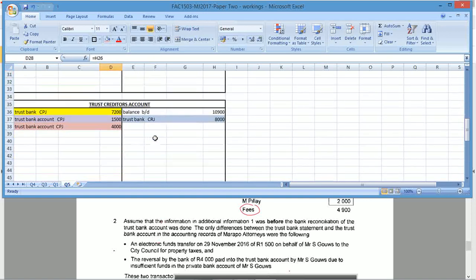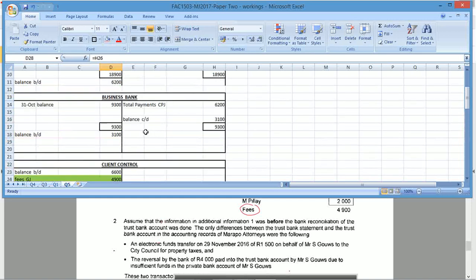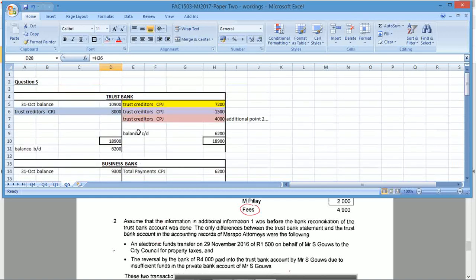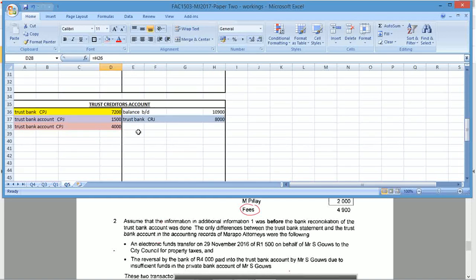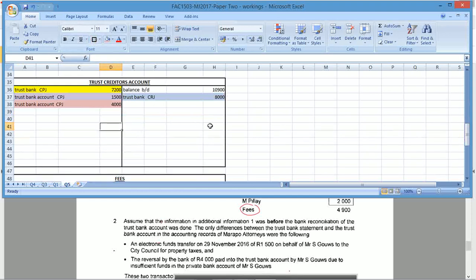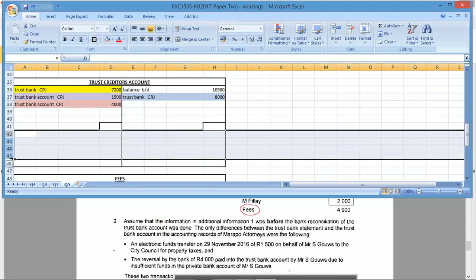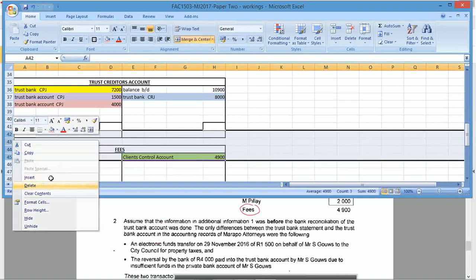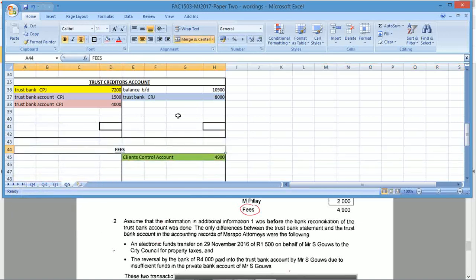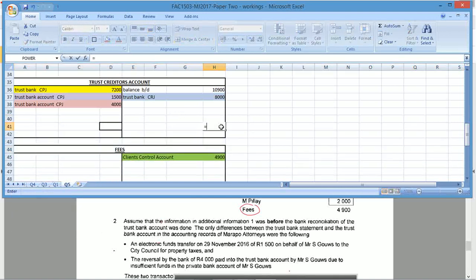Okay, and then the trust creditors account, you would expect that to have a credit balance. So did any of these have a credit balance? No. Okay, so I'm going to do the working here. Which side's bigger? This side should be bigger. 18,800.